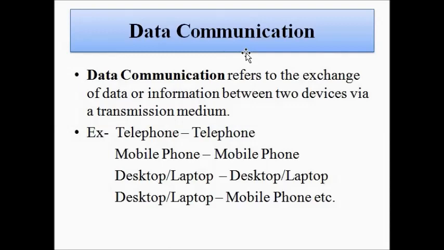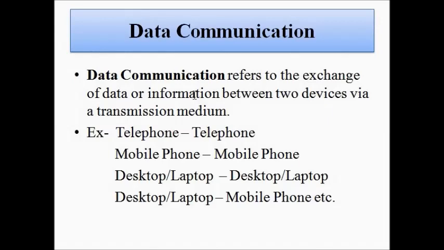So data communication refers to the exchange of data or information in a particular way between two devices through a transmission medium, and that way is agreed upon by both the parties.